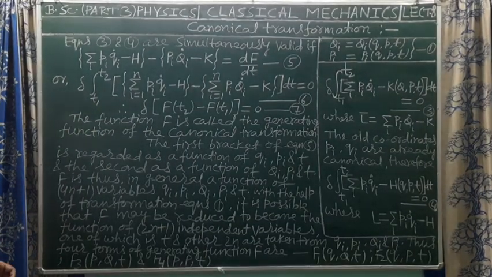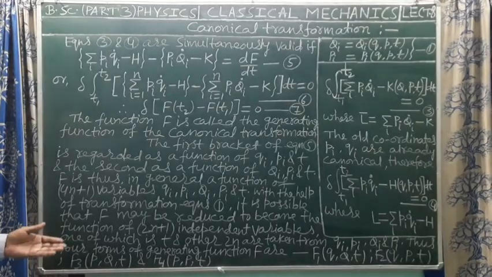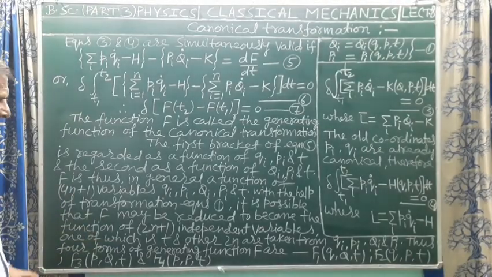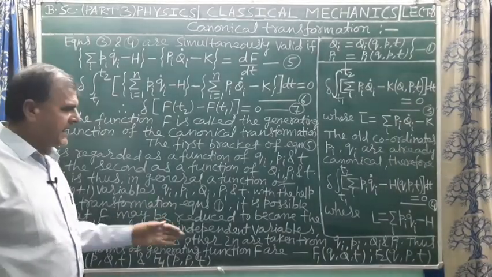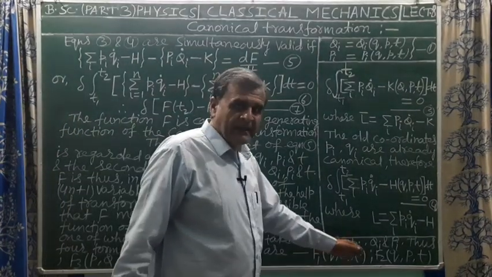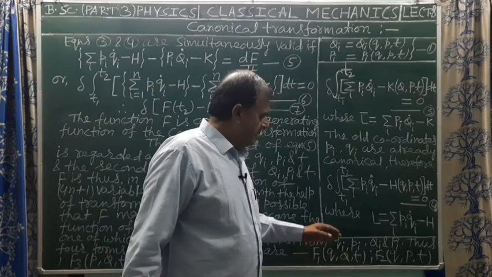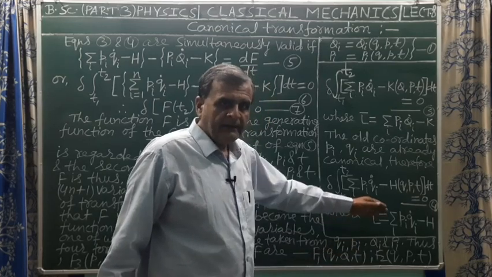That is 2n variables, plus one variable t, time t, and the other 2n variables are taken from a small pi, a small qi, capital Qi and capital Pi.